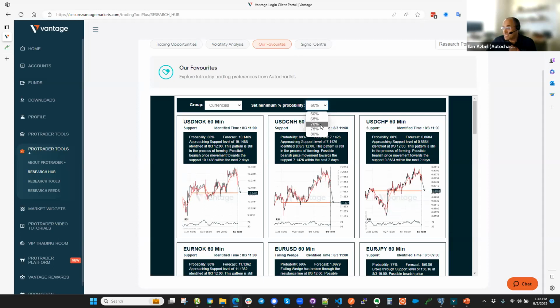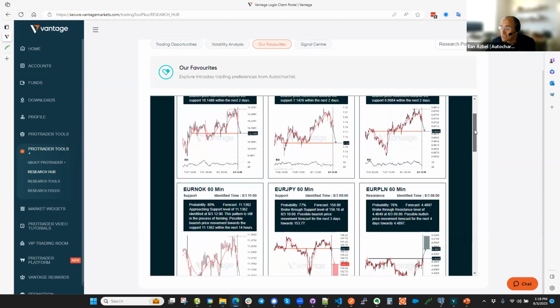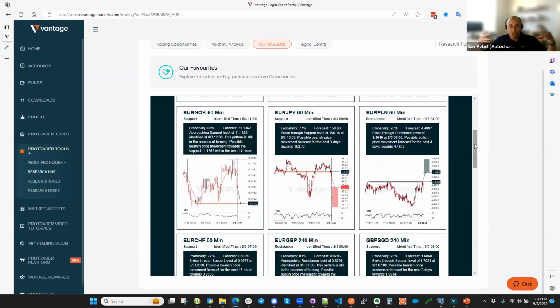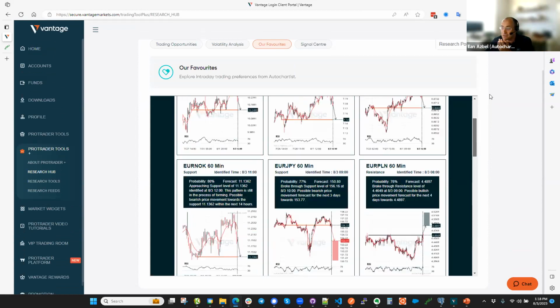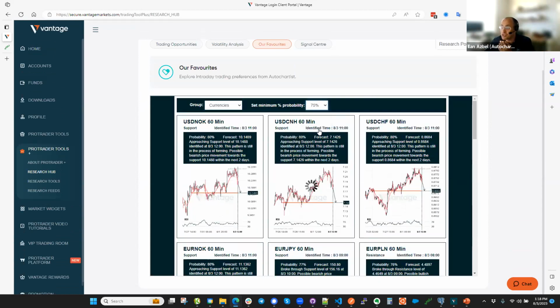If, let's say, I want to see all the technical setups that have a past performance potential hit rate of over 70%, I literally just select currencies, 70%. And what Order Chartist does is it merges all those trading opportunities with the stats and gives you the highest probability events, right? You can push it to 70, you can push it to 75. You can ask for miracles and push it to 80%.